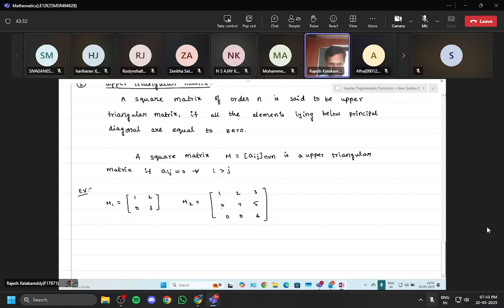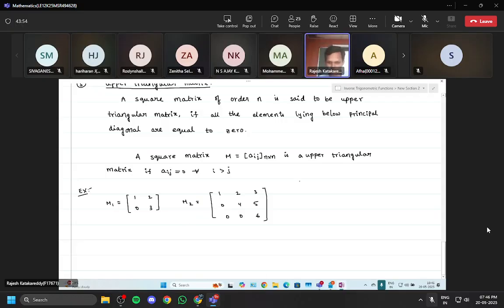In other words, this 0 is an element of the second row, first column. When I is greater than j, aij should be 0. Clear? Understood? Any doubts in this?